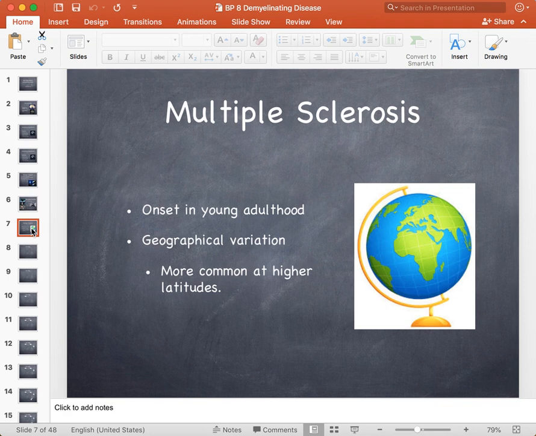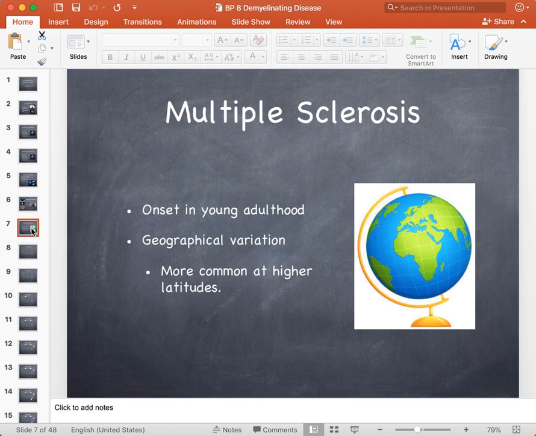The best study on that was actually a study from the VA that looked at white male veterans and found that geographic variation still holds up even in that presumably somewhat homogeneous group of people, and it's about a twofold increase in MS risk in, say, Minnesota versus the Deep South.